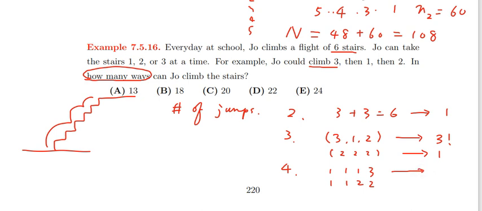We have 4 positions, and we just pick 1 position to put 3, and the other ones are 1. So we have 4 ways. And for 1, 1, 2, 2, how many ways? We have 4 positions, and we put two 1s and two 2s.